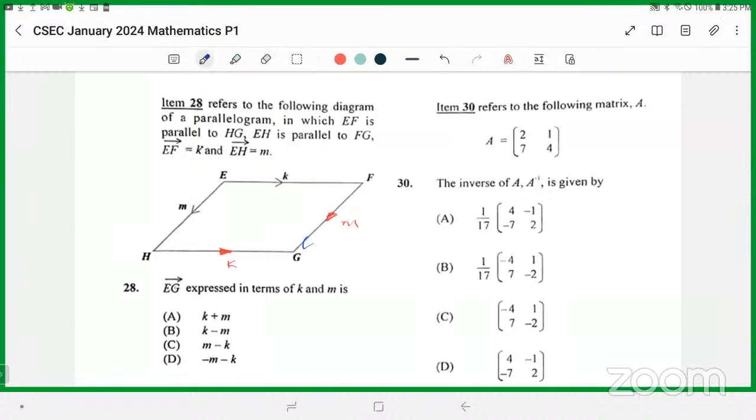But you could also show some work and say that to go from E to G is the same as going from E to F and then going from F to G. So E to F is K plus F to G is M. So that's the answer, K plus M.